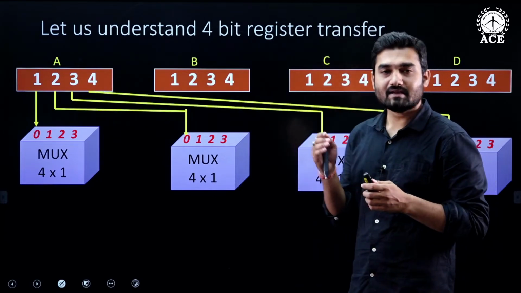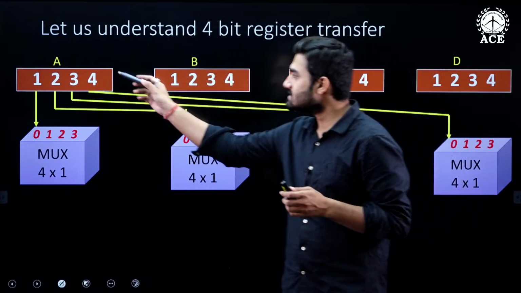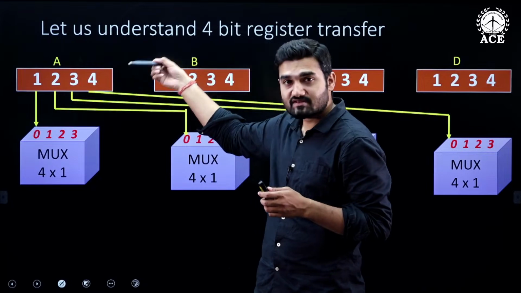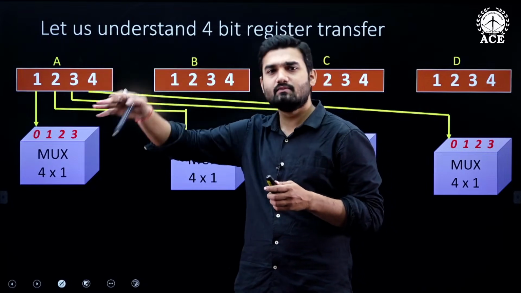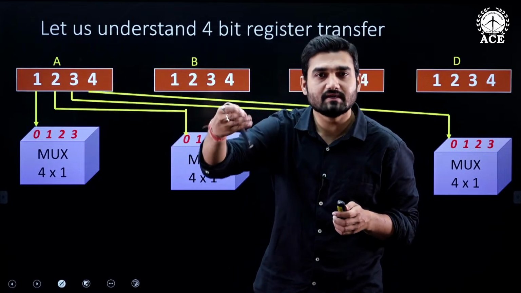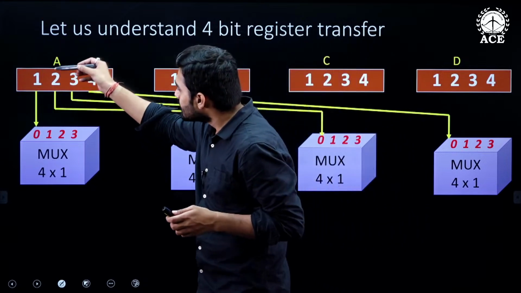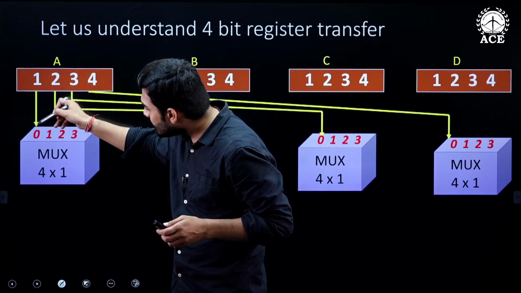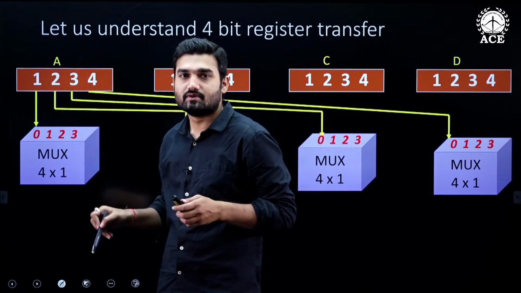Now how is my register going to be connected? This is my register A, having 4 bits. Now see how it is connected. If you understand how it is connected, game over. You will get to know how the transfer takes place. This A register's first bit is attached to MUX 0 input.